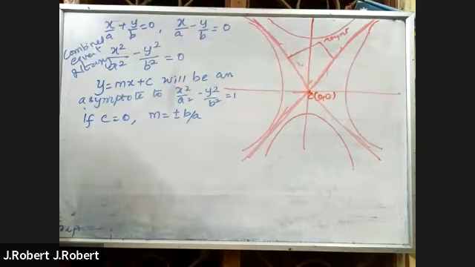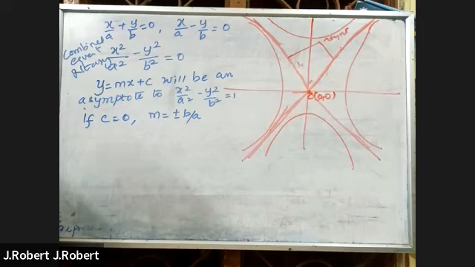So remember that any line in the form y equals to mx plus c will be an asymptote to the hyperbola only if two conditions are satisfied: c is equal to 0 and m is equal to plus or minus b by a.